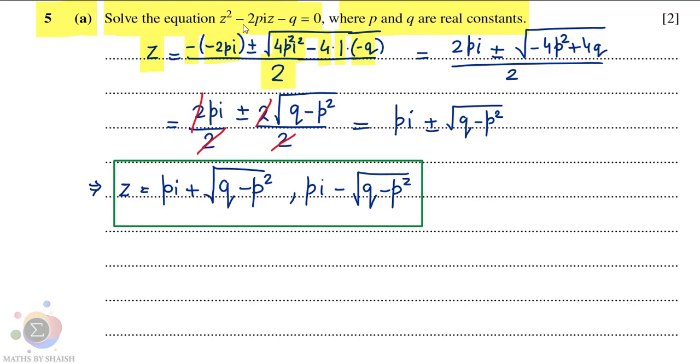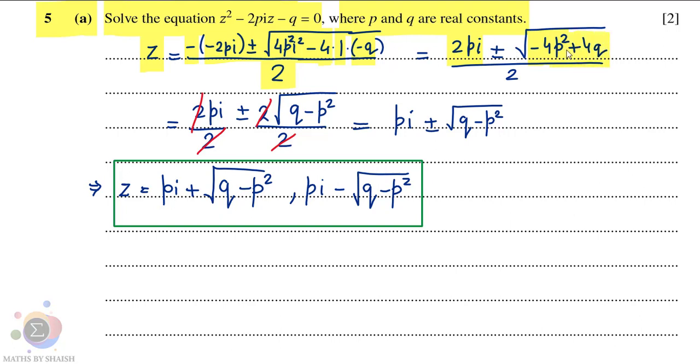In this case, since it is quadratic in z, the other constants we take as the coefficients. Now we simplify this and we get 2p iota plus minus, iota square is minus 1, so it is minus 4p square plus 4q.